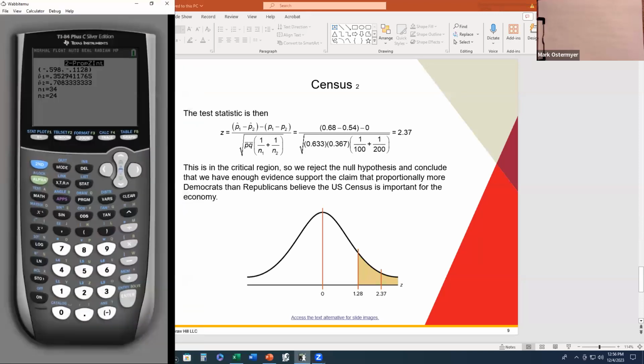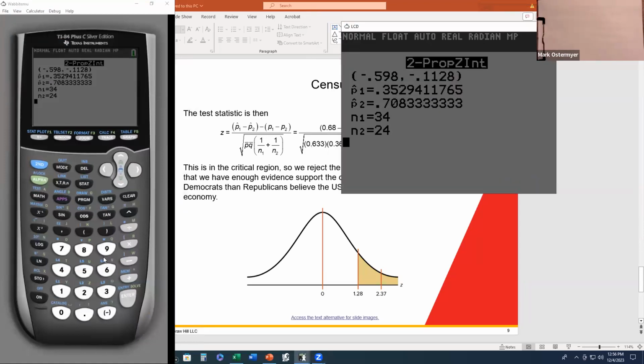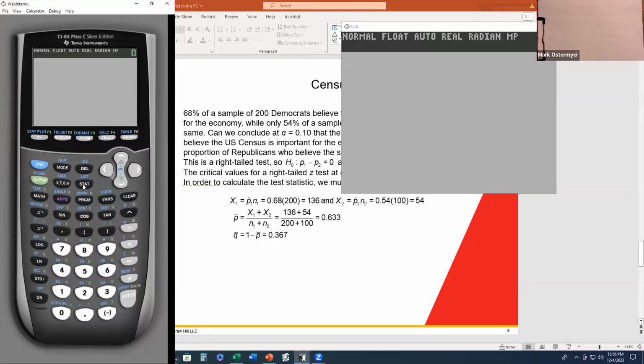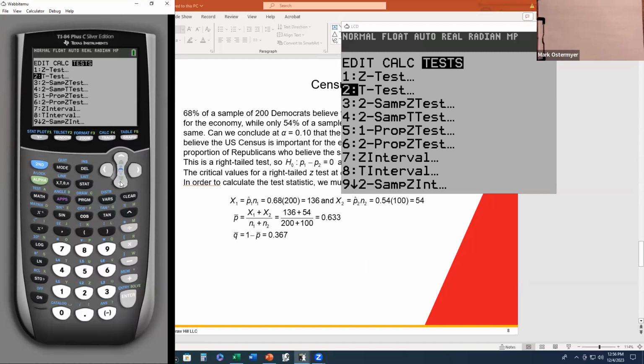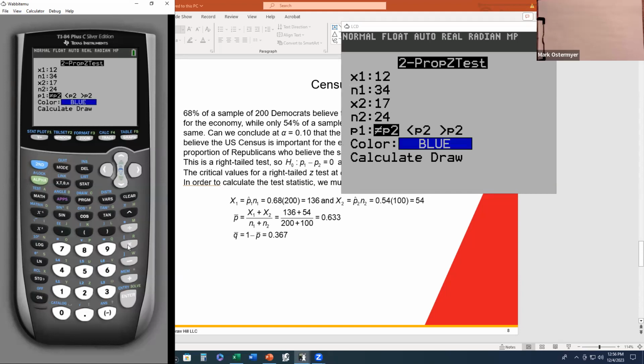Using our calculator, conducting this test via p-value method. That test 2 prop p. Hold on a second, 2 prop z test, excuse me. X sub 1 is 136. N sub 1 is 200.